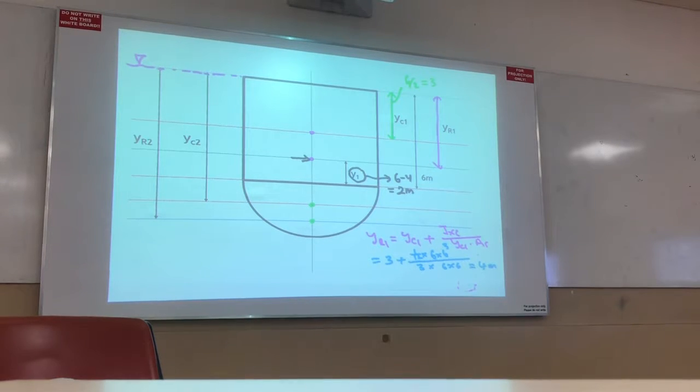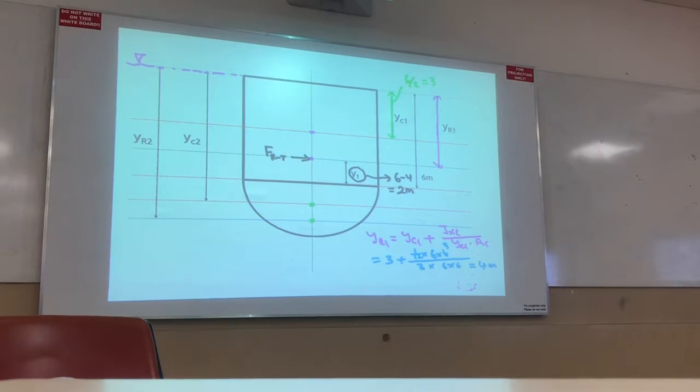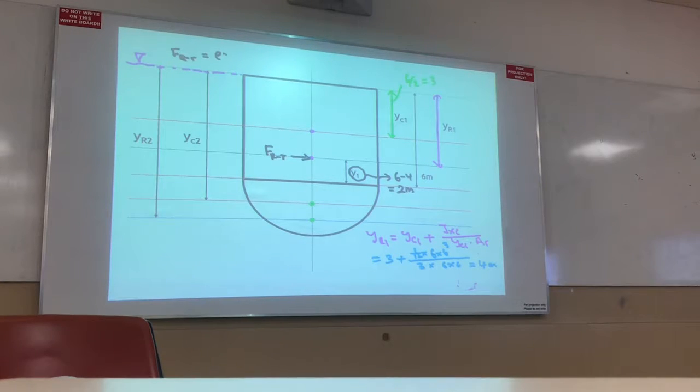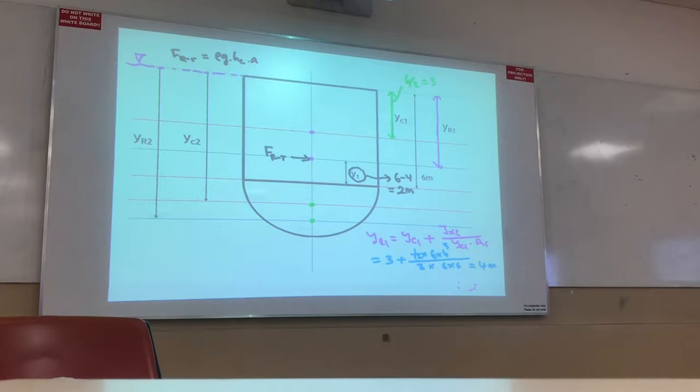So this one is FR of the rectangular shape. What is the value of FR for the rectangular shape? It is rho g hc times area.